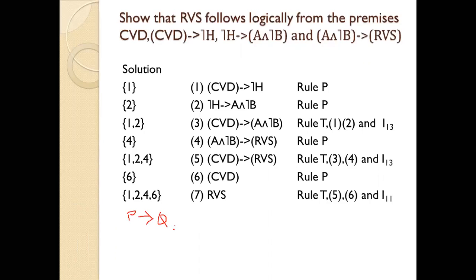and Q implies R. So it leads to P implies R. So this gives us P implies R. This is identity number 11, I11, I13.